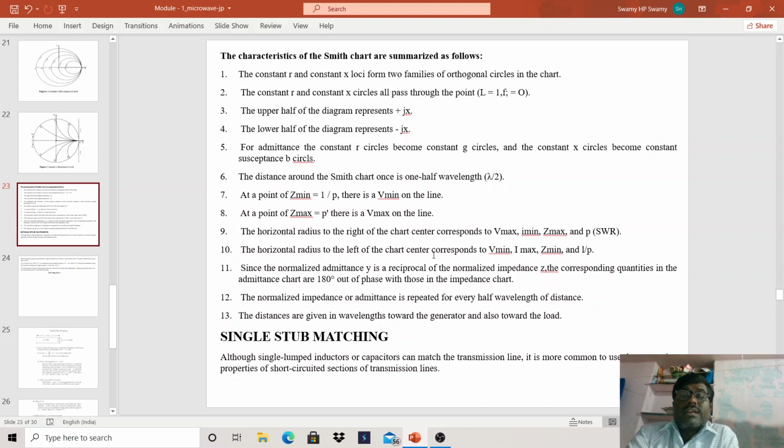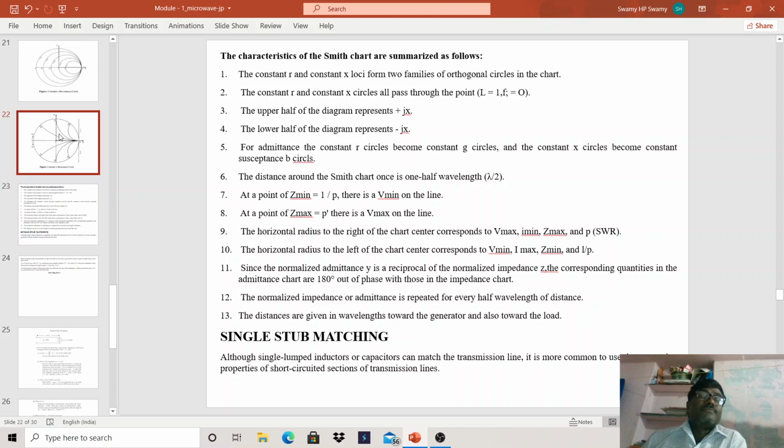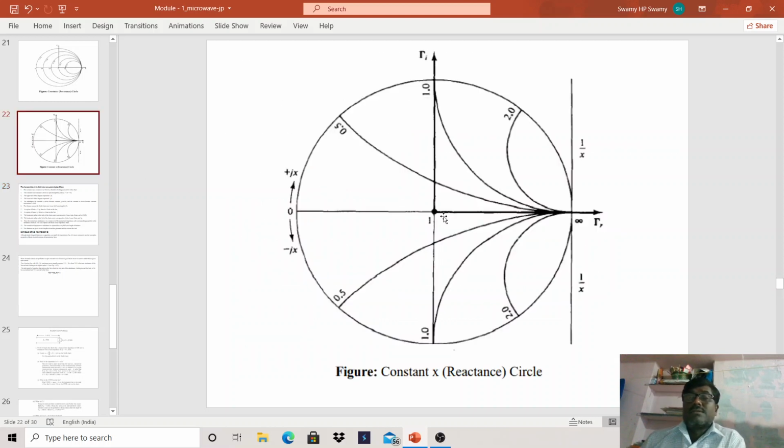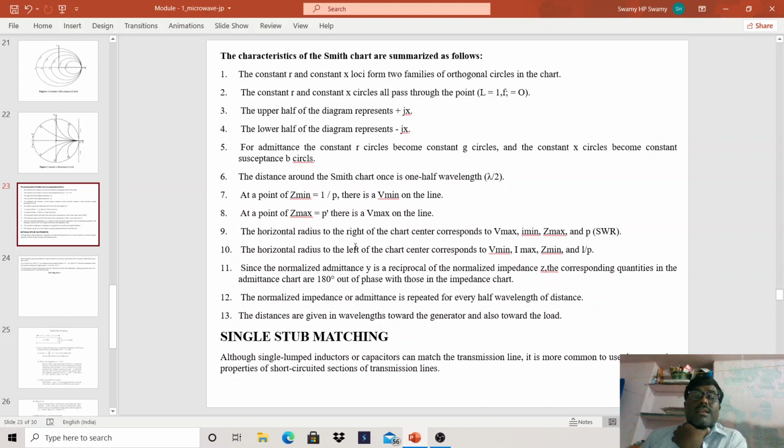The horizontal radius to the right of the chart center, this horizontal line from the center, and the radius to the left of the center. The horizontal radius to the right of the chart center corresponds to V max, I minimum, Z max, and rho.